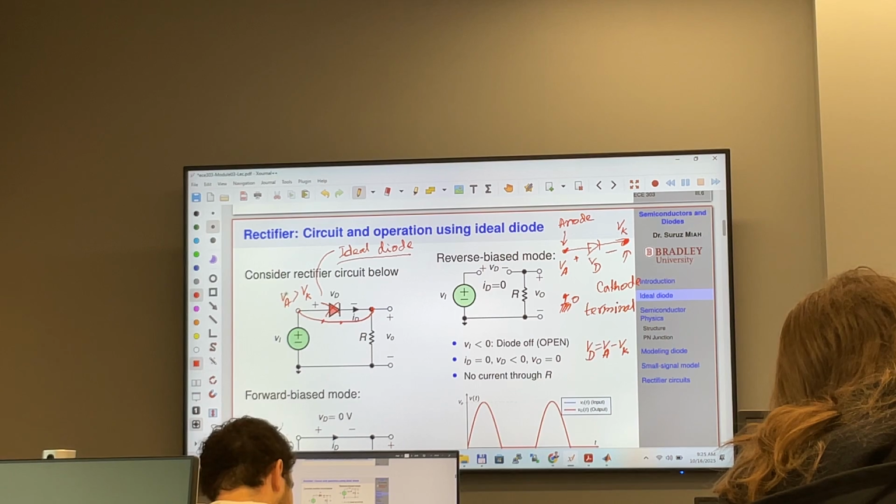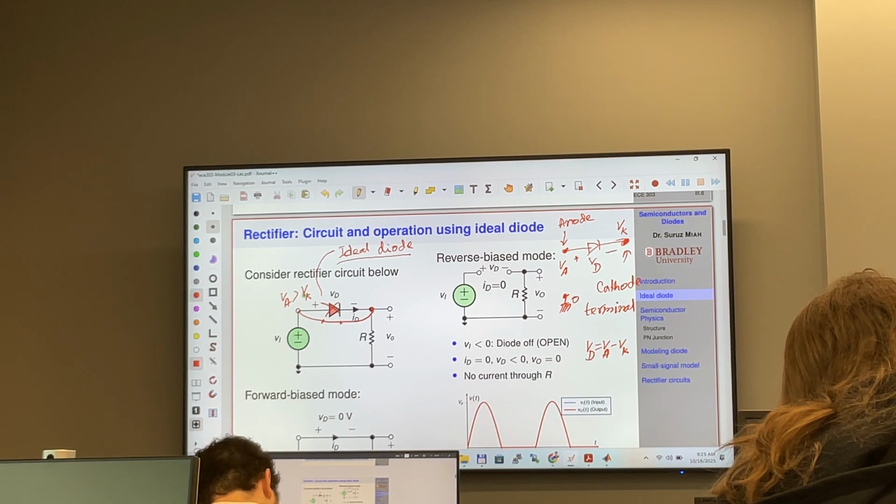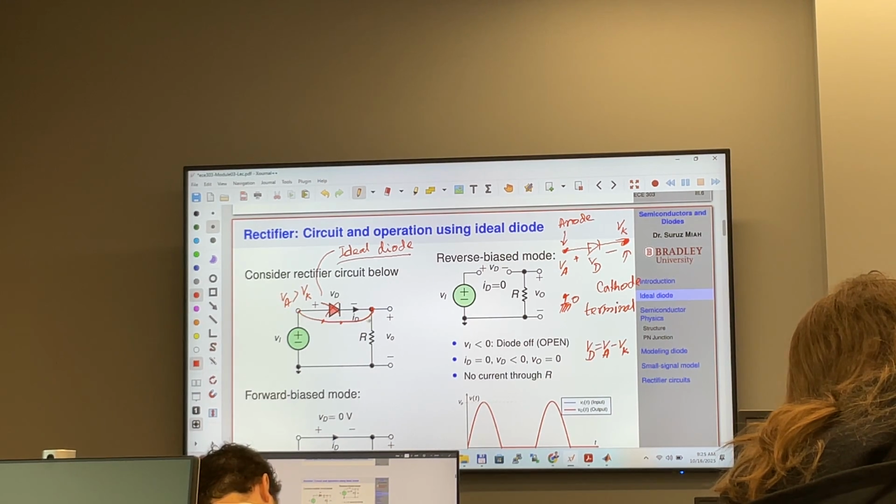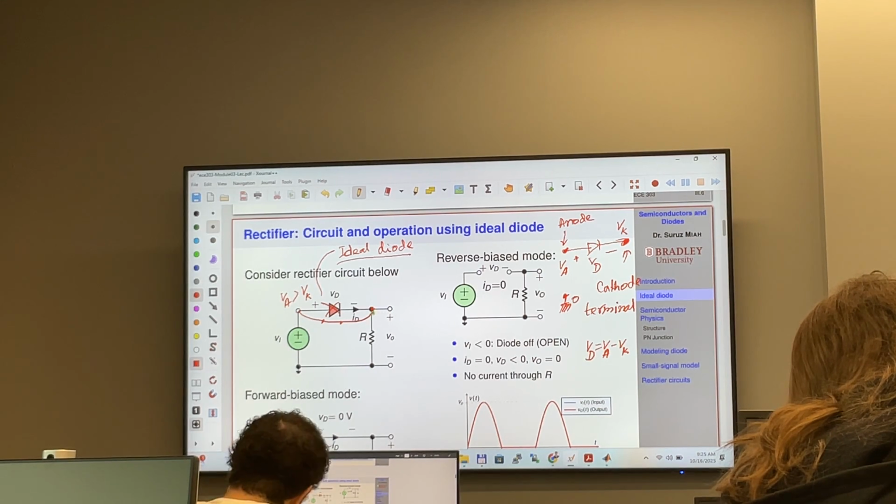So whatever voltage you have, you see that voltage across these two terminals.